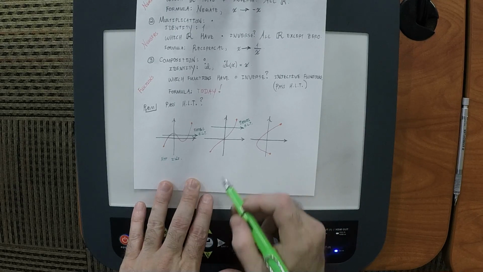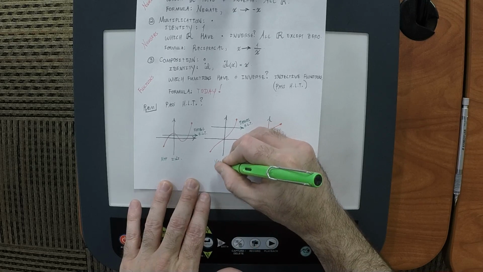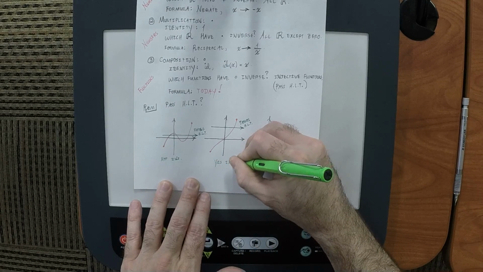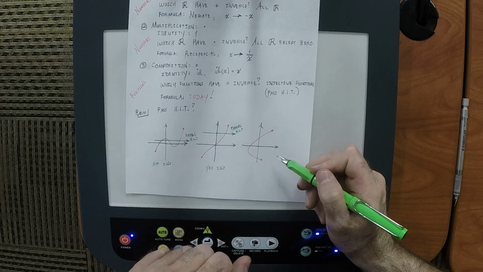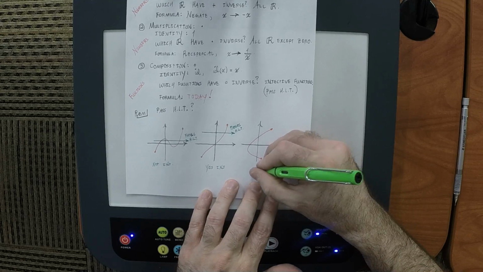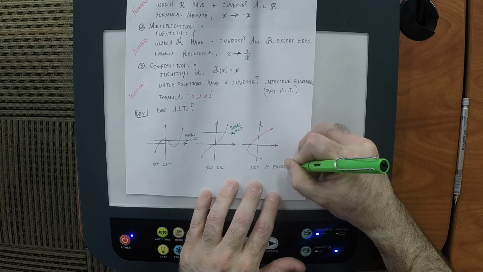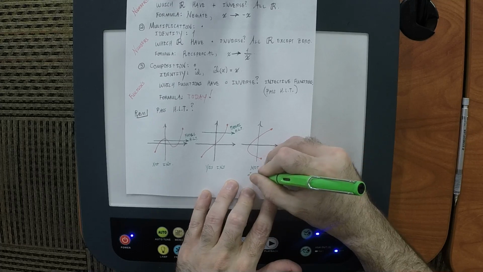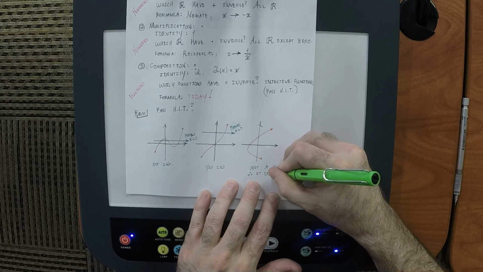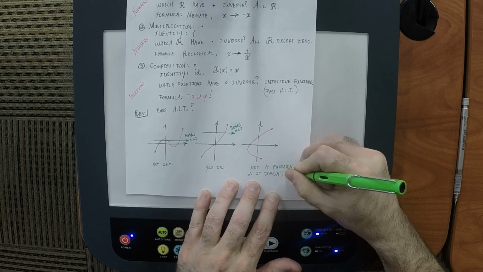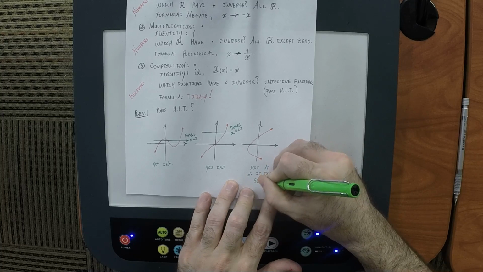Is it injective or not? It is injective. And how about this one? Doesn't make sense to ask. Not a function, therefore it doesn't make sense to ask. And the reason it's not a function is because it doesn't pass the vertical line test. That's right.